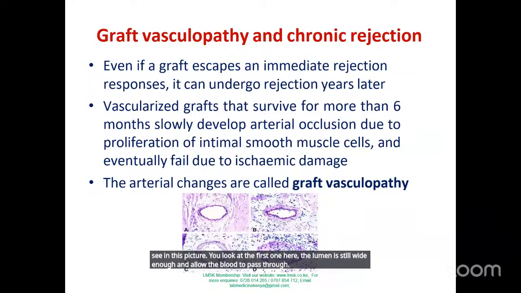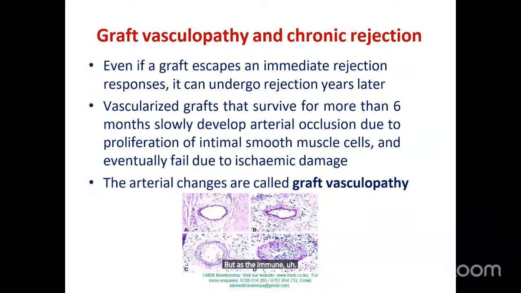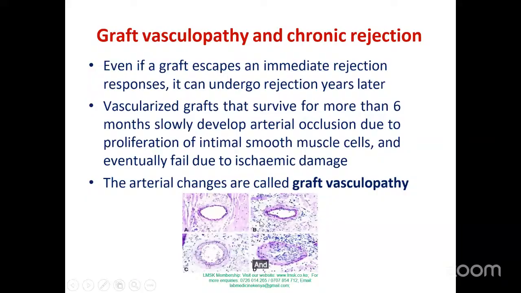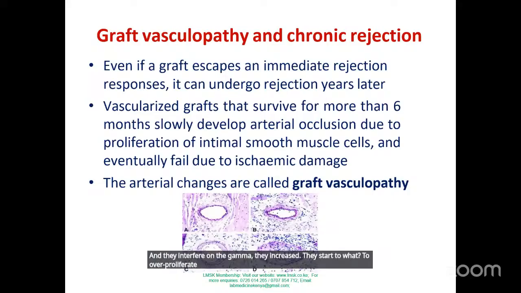But as the immune response continues, and more TGF, the transforming growth factors, are released, and the interferon gamma increases, the cells start to overproliferate. And by doing that, the diameter reduces in size.